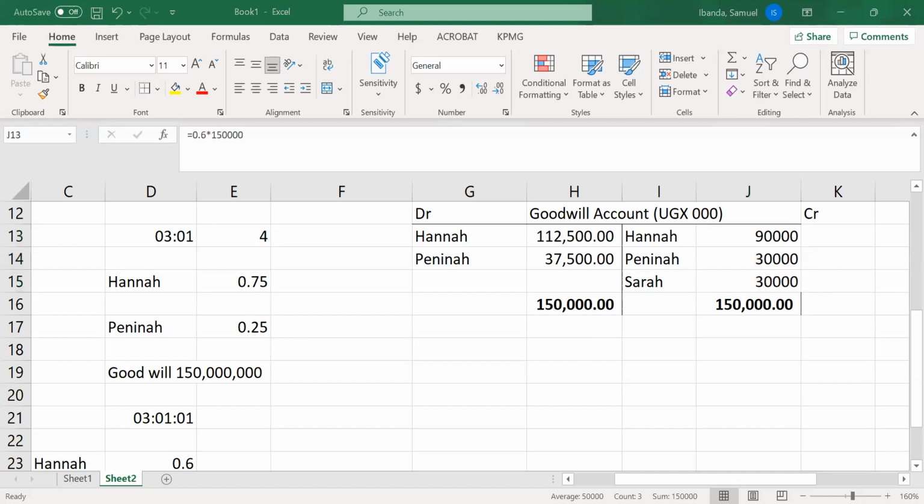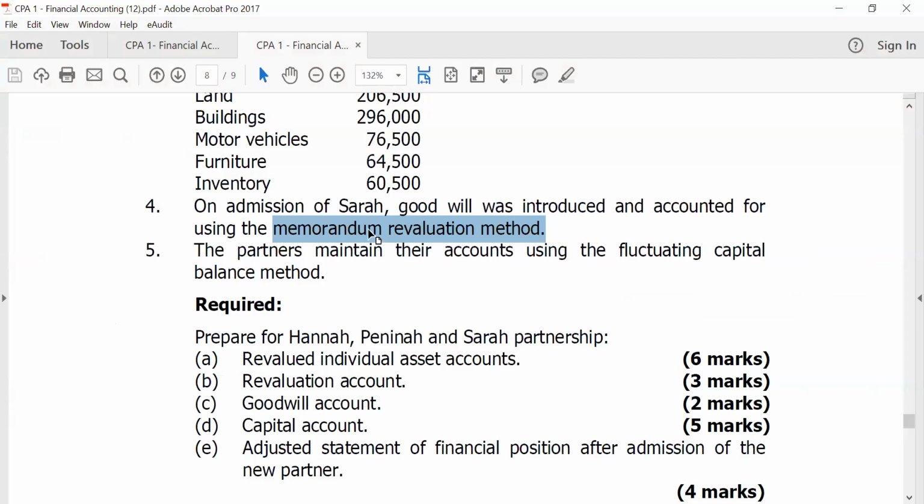So if the examiner had talked about the revaluation method instead, then you would now have to think of it from the other perspective. But if it's memorandum revaluation method, then you don't have the goodwill account, okay? That is the same thing.